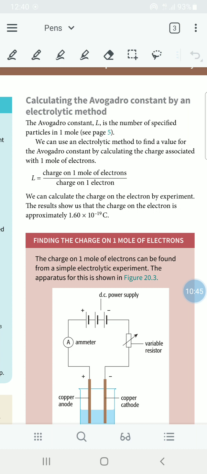Then leave a line and write this equation. L is the Avogadro's constant. Avogadro's constant is equal to charge on 1 mole of electrons divided by charge on 1 electron.